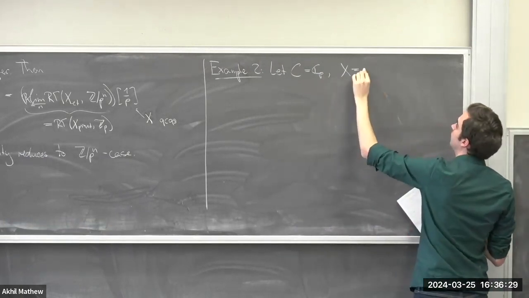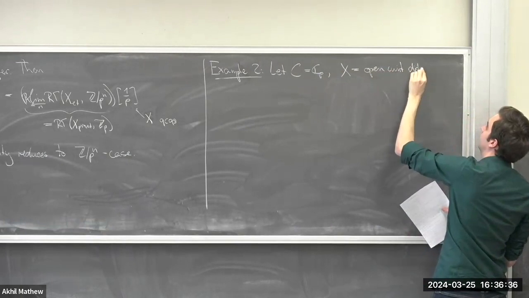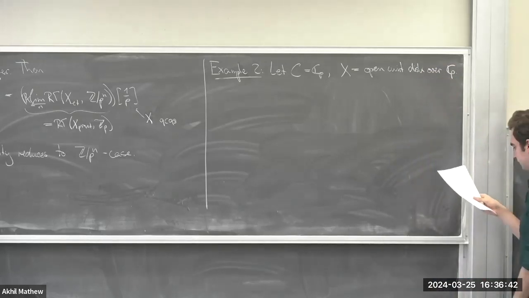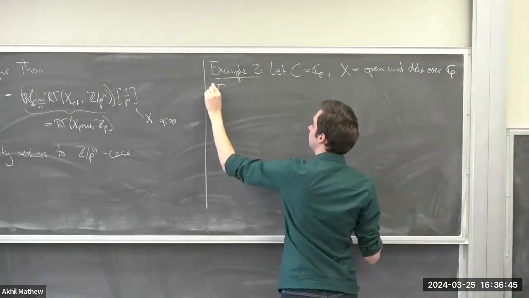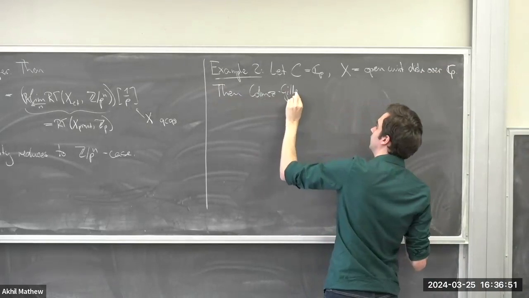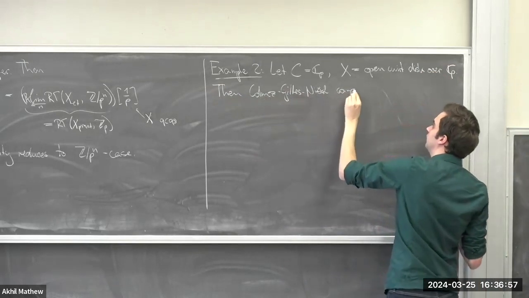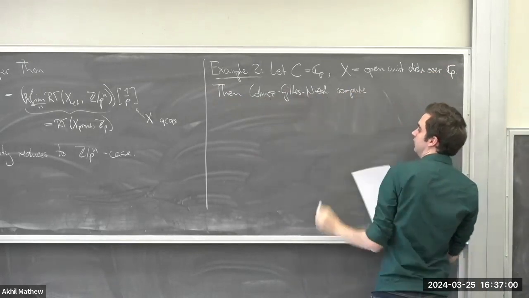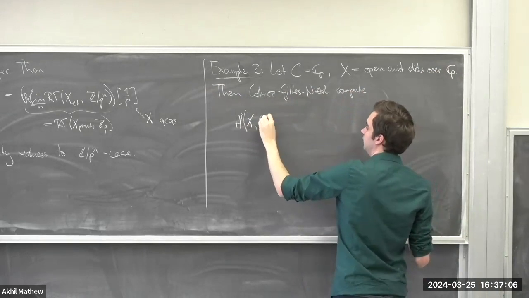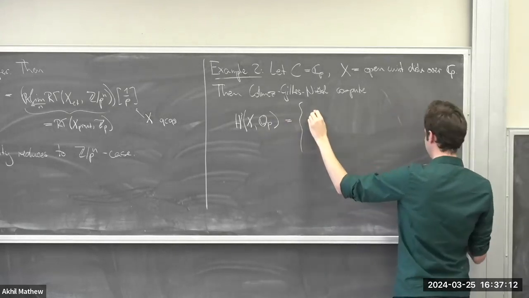Choose X to be the open unit disk over C_p. Then Colmez-Gilles-Nizioł compute the cohomology, and it sits in degrees 0 and 1.